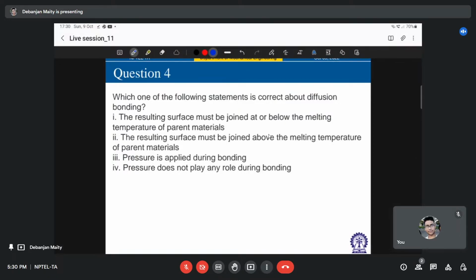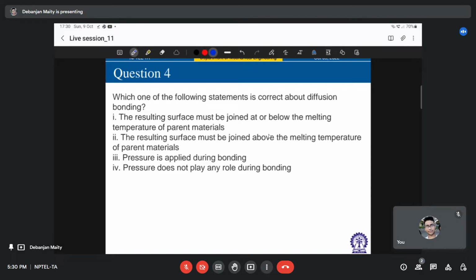Next question asks, which one of the following statements is correct about diffusion bonding? So I had already discussed diffusion bonding. Let's go through this one again. There are four statements. It says the resulting surface must be joined at or below the melting temperature of the parent materials.